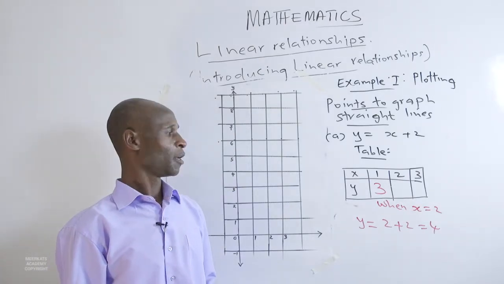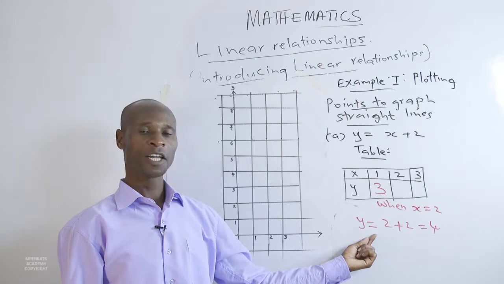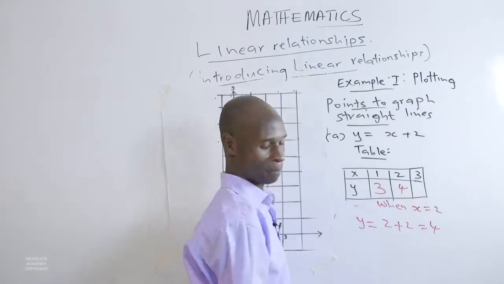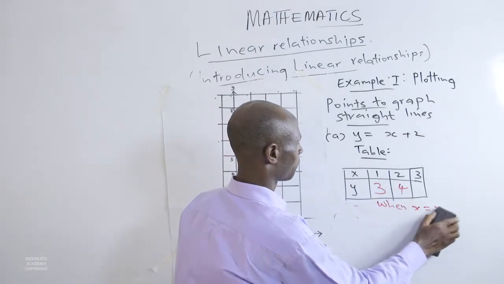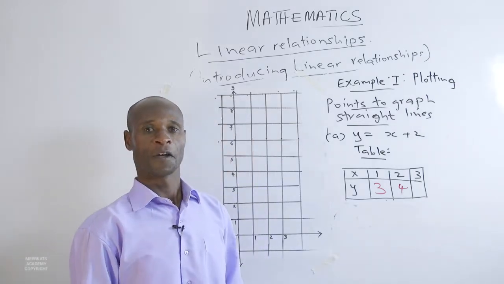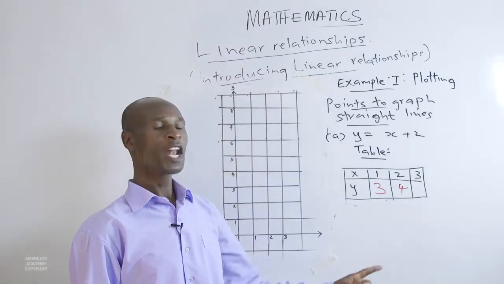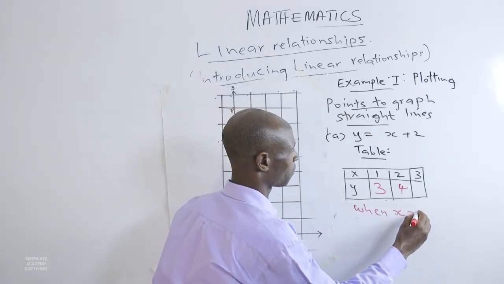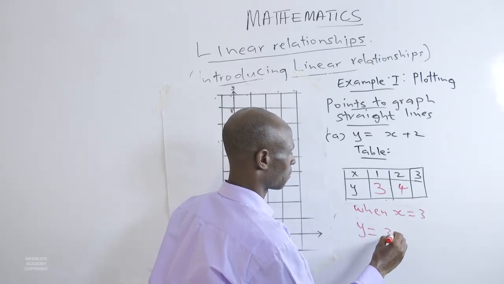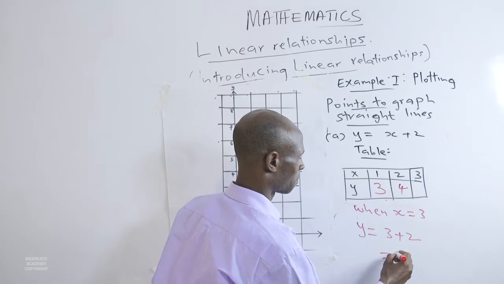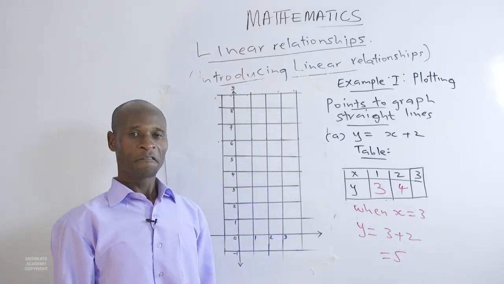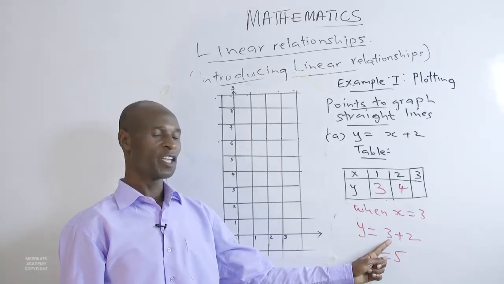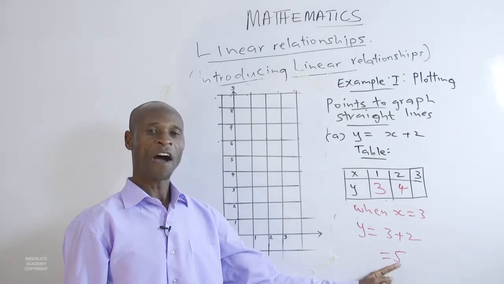We find that when the x value is 2, the y value is 2 plus 2, which gives us 4. Finally, we substitute the value of x as 3. We find that when the value of x is 3, the y value will be 3 plus 2, which gives us 5.